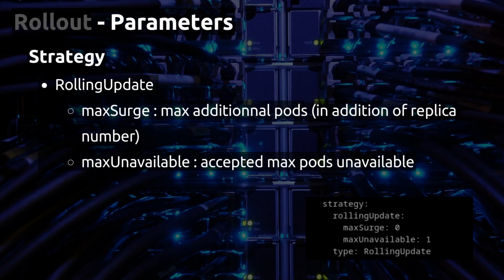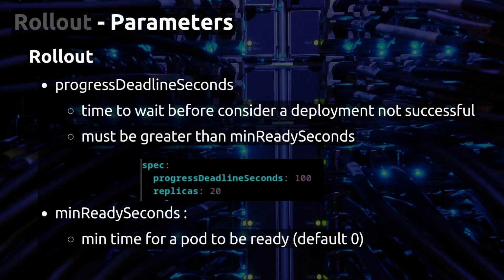Max surge is how many pods you can accept above the default max replicas of your deployment, and the max unavailable is how many pods you can lose during this rolling update. After that, you have other really interesting settings.